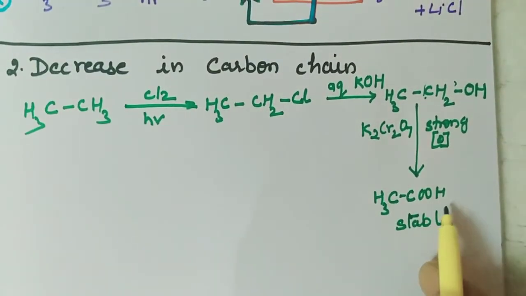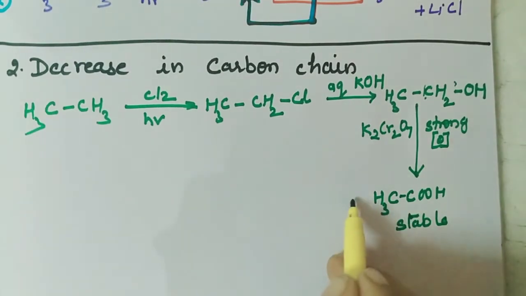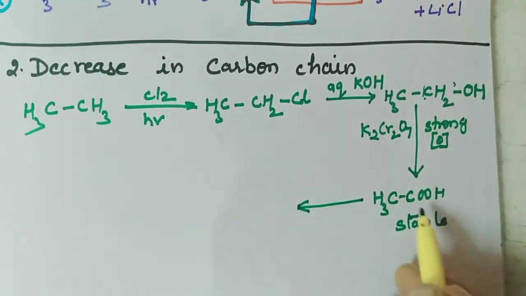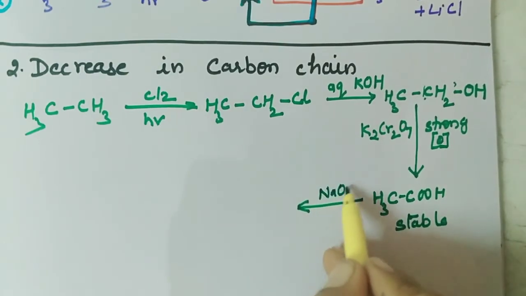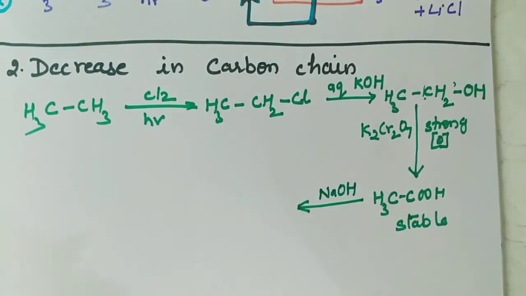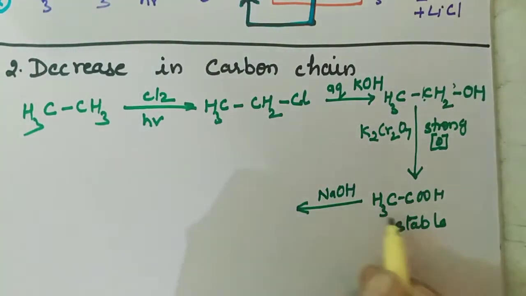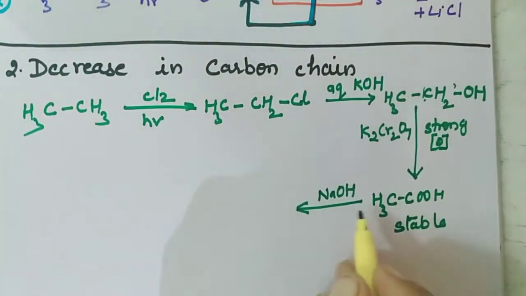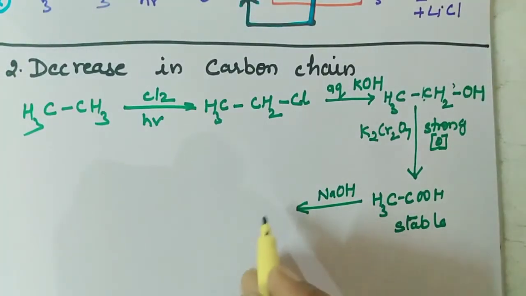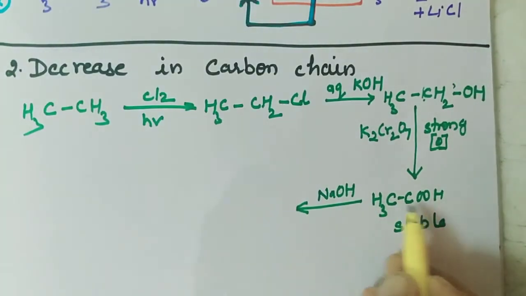So for this we have to convert this acetic acid into an unstable compound. So what we will be doing here, we will be reacting this acetic acid with NaOH. तो हमको प्रोडक्ट मिलेगा. Once this NaOH is added, we will be having this as sodium acetate.